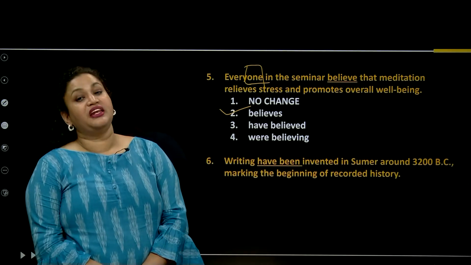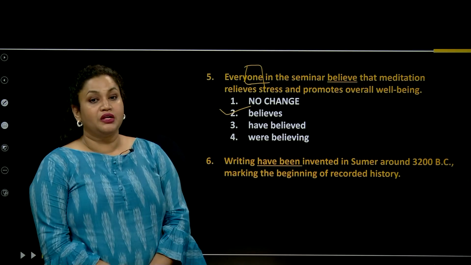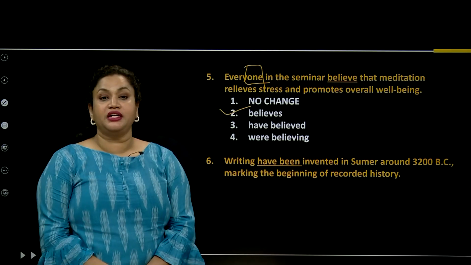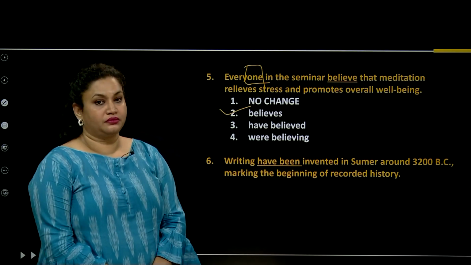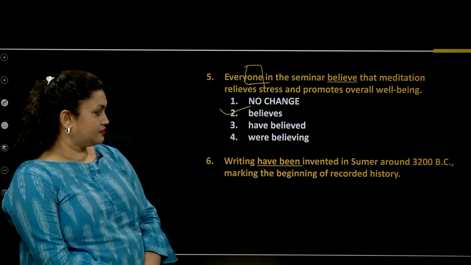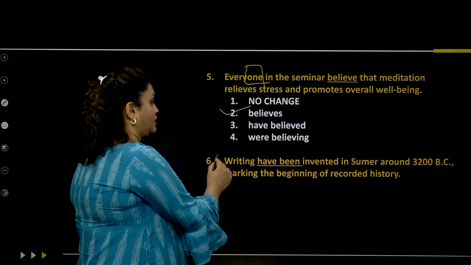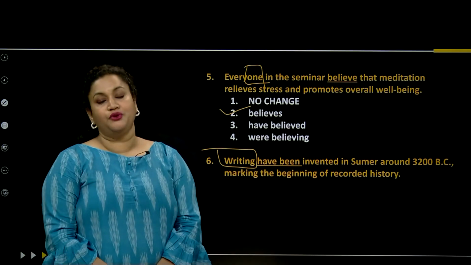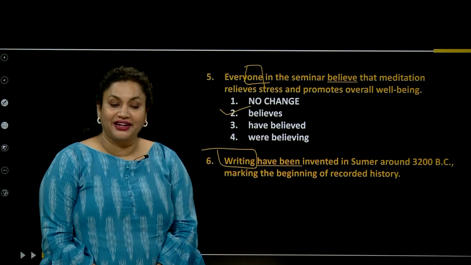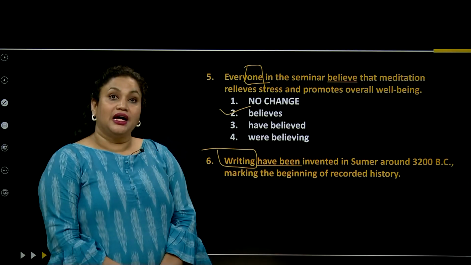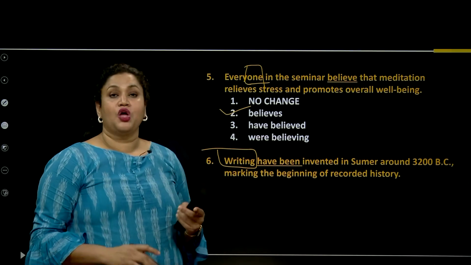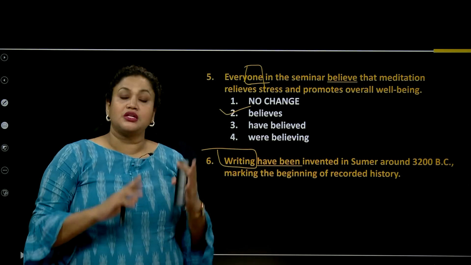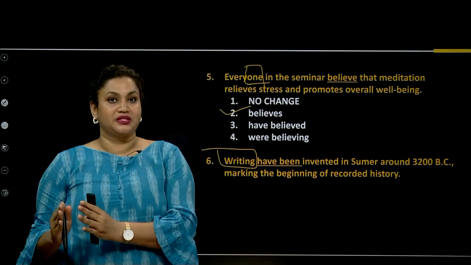Writing have been invented in Sumer around 3200 BC, marking the beginning of recorded history. Now, writing is an abstract noun, right? Can you measure writing? No. It's an abstract noun. Therefore, all abstract nouns, material nouns and collective nouns take singular verbs.